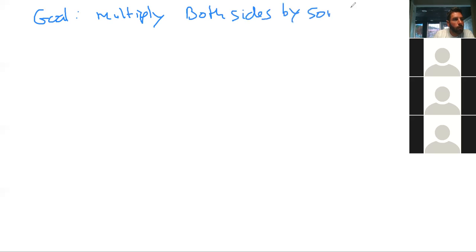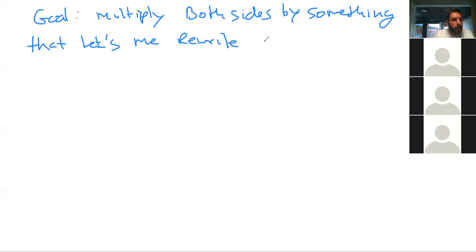Here's my goal: multiply both sides by something that lets me rewrite the left-hand side as a derivative.